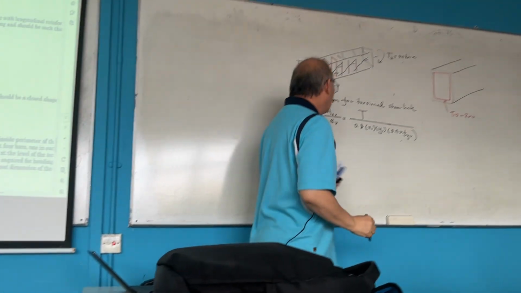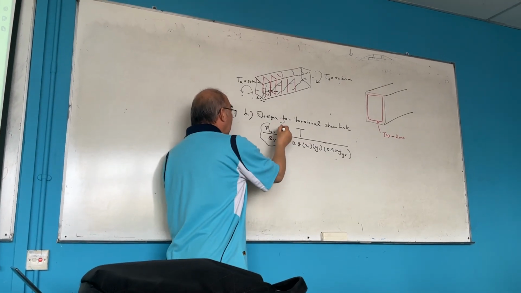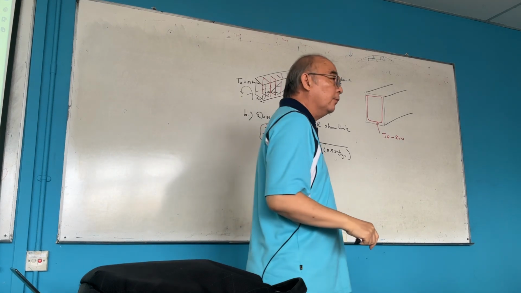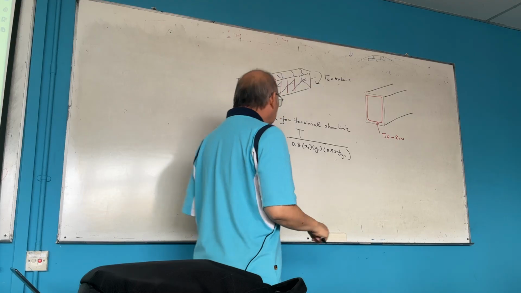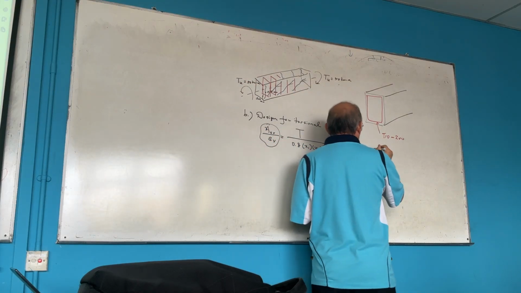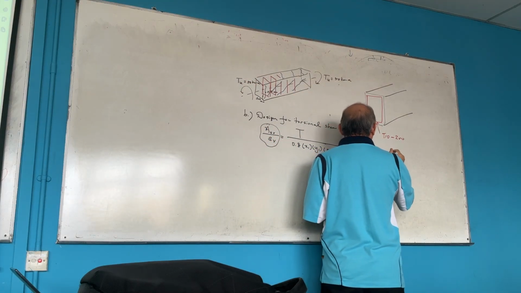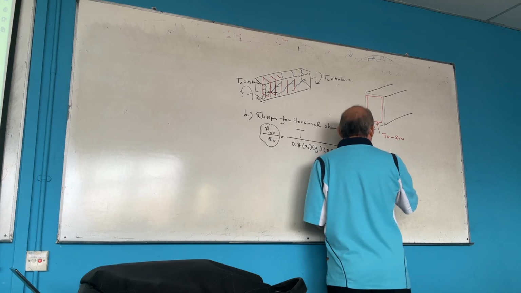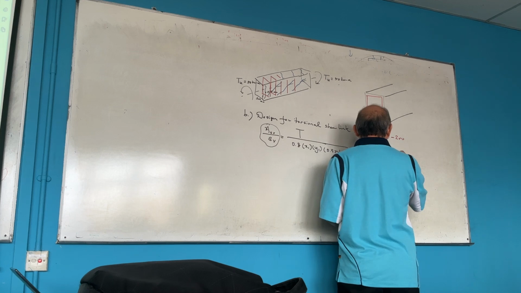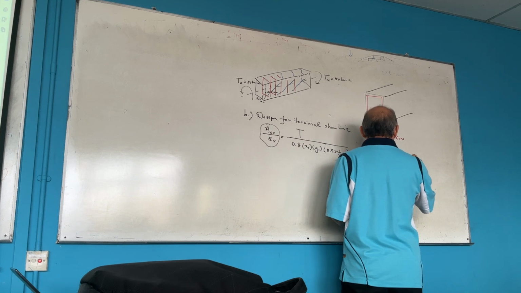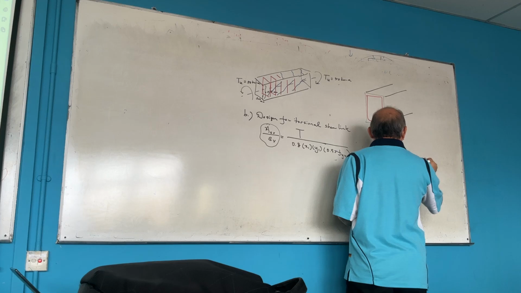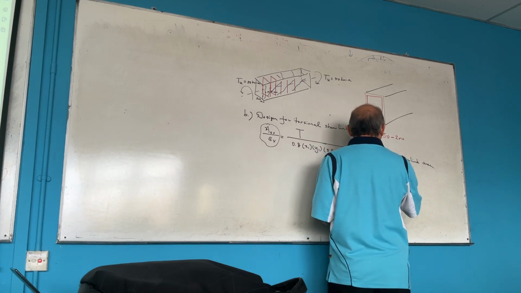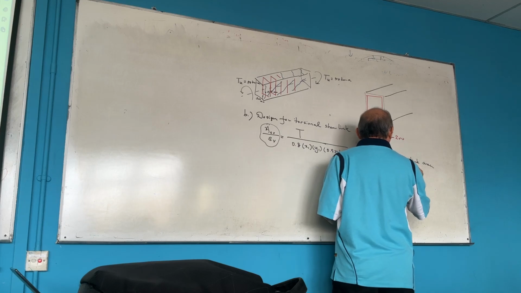Now this one, ASV, is the shear link area. This ASV is equal to the total shear link area, and SV is equal to the shear link spacing.